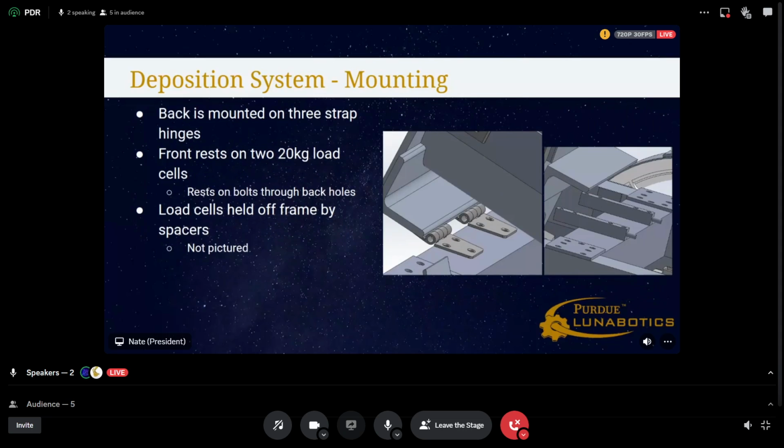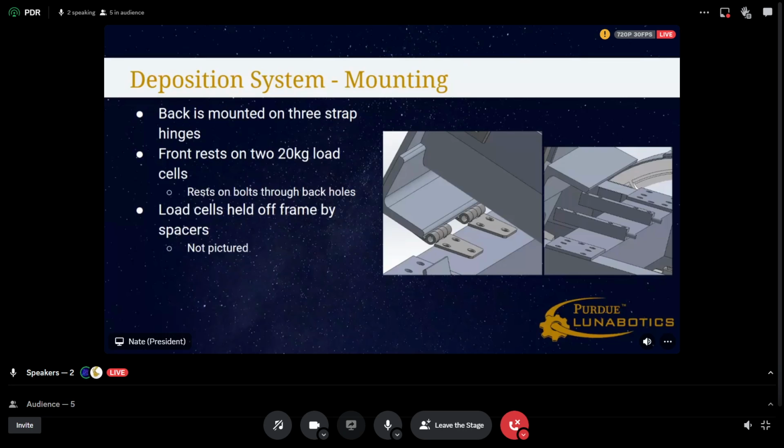Talking now about the mounting, at the back, the deposition system is connected to the frame with 3 strap hinges. This is because for the load cells, the system has to be able to bend and move around at least a little bit. The front of the system is mounted on 2 load cells, which is not pictured in the CAD again because of PDM issues, but it's going to be resting on 2 20-kilogram load cells.